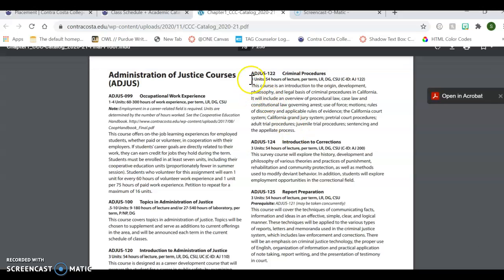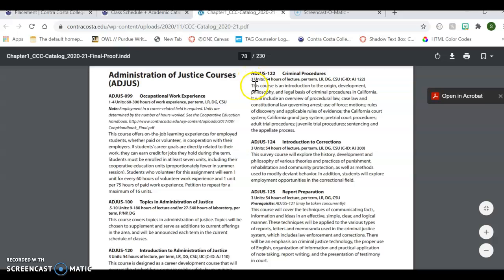A couple other things to note just under the description. You'll see here, under the course title, it says the course is 3 units, 54 hours of lecture per term. Another way to think about that is that for every week, there are 16 weeks in our semester, you will be in the class with the instructor, or potentially even online with the instructor, 3 hours a week.